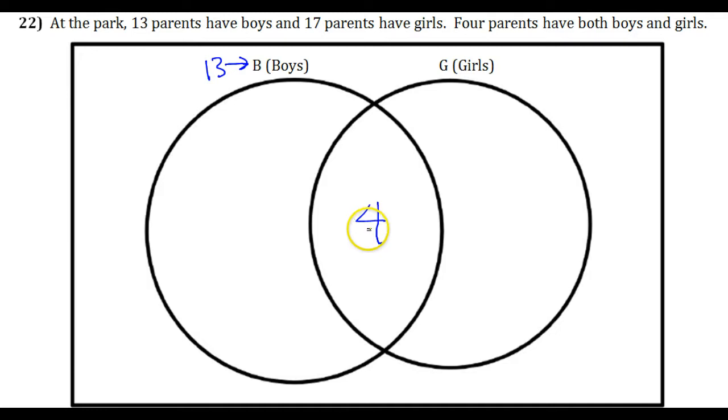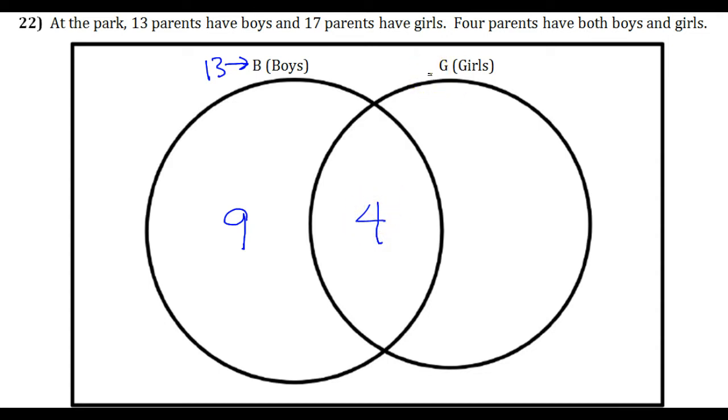But since we already have 4 in the overlapping part, that leaves 9. So there are 9 parents who have just boys, plus parents that have boys and girls, for a total of 13 parents that have boys, regardless of whether they have girls or not.